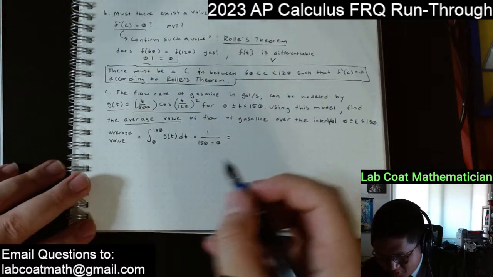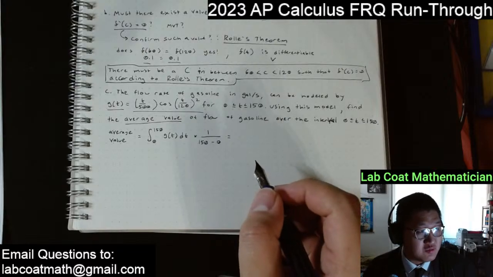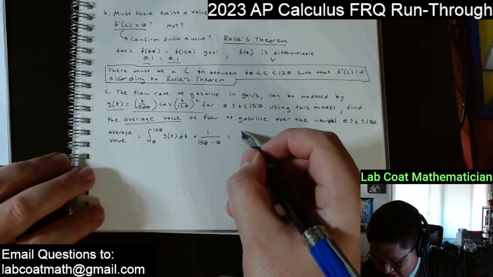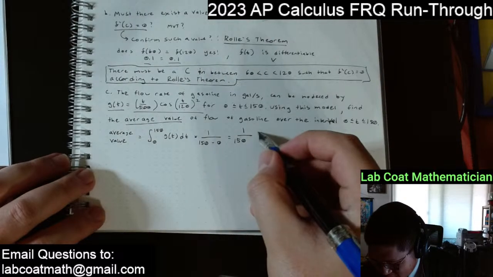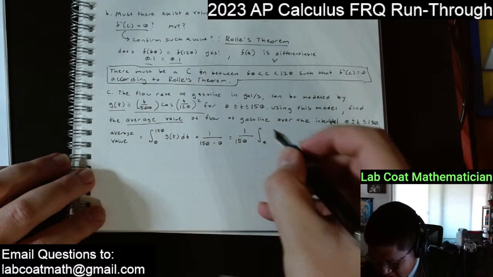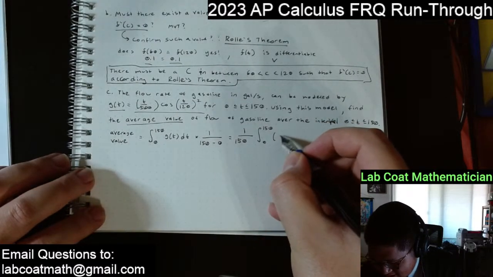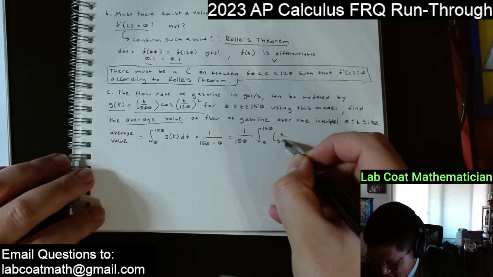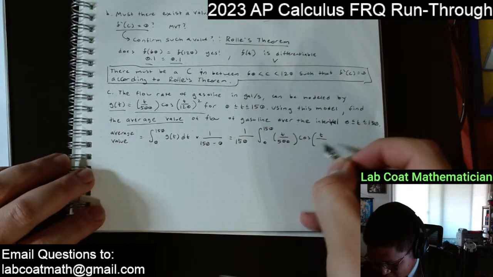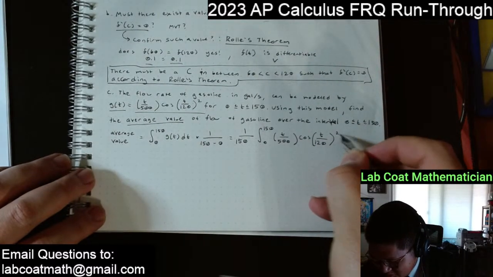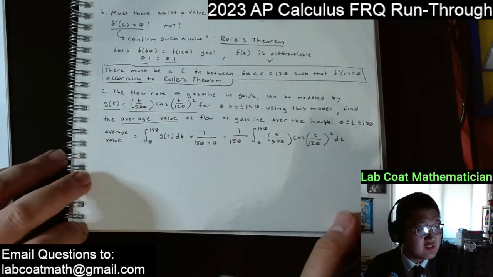Okay, so with that, if we want to see how this will look if we plug this directly into our calculators, it will be 1 over 150 as a coefficient, multiplied by the integral from 0 to 150 of g of t, which was t over 500 multiplied by the cosine of t over 120, all of that squared, with respect to t.